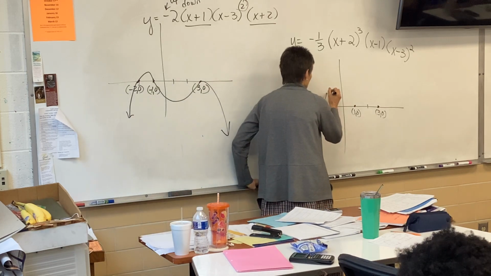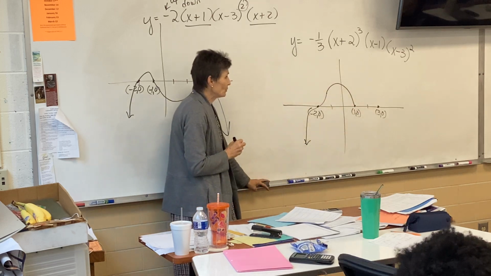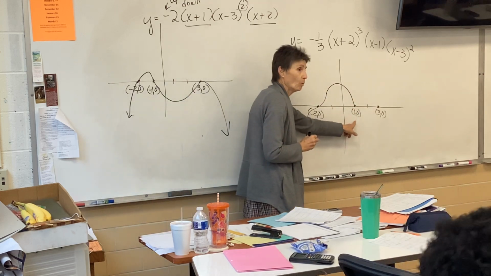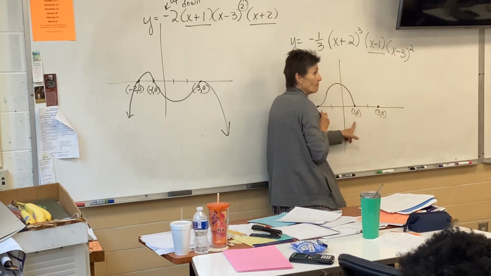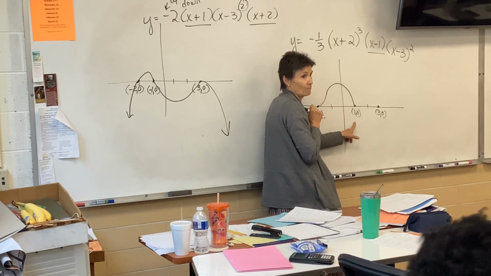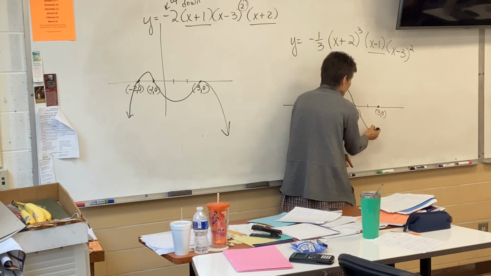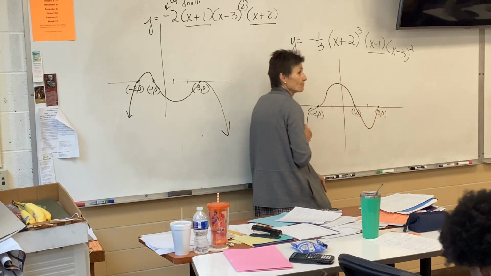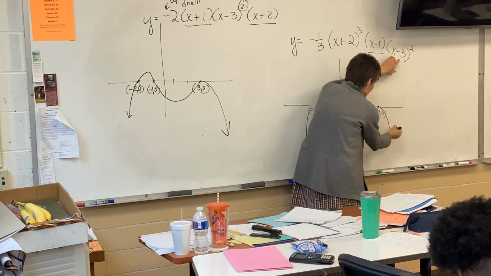Alright, so I'm gonna come up, come down. What do I do when I hit that point? Straight through, because it came from that parentheses. You gotta pay attention what parentheses it came from. There's no power on that, so it goes straight through, turns around. This one bounces up now. That one is going to bounce off.